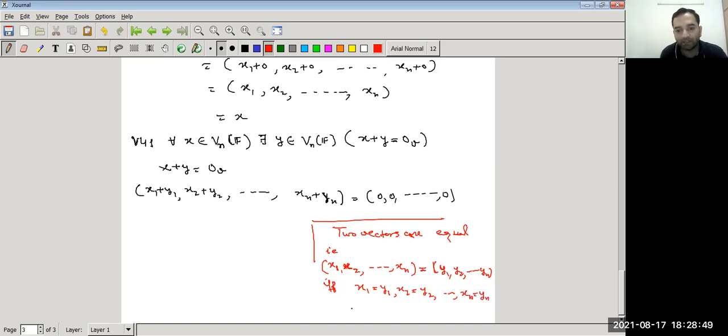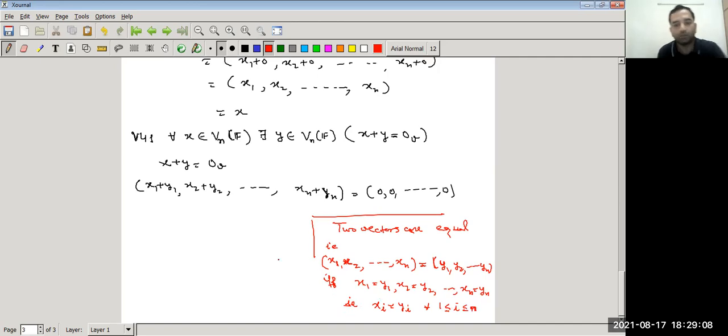So in general, we can say xi is equal to yi for all i lying between 1 to n. Right? So we will use the same definition.